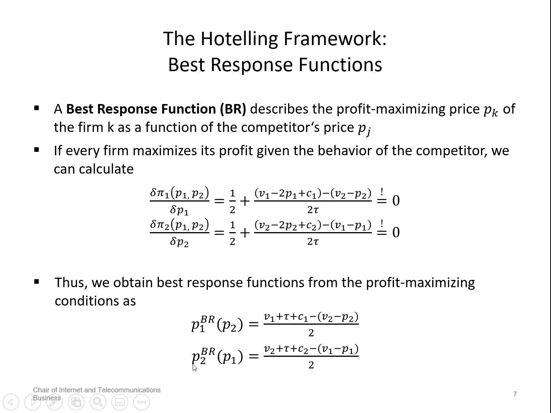Similarly, employing the same method, we can get P2's best response as a function of P1, which is basically solving the first order condition of firm 2 with respect to P2.